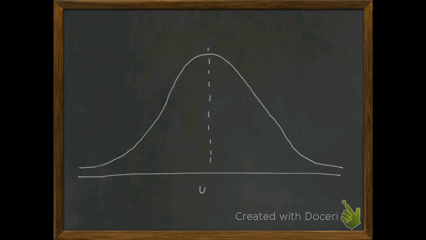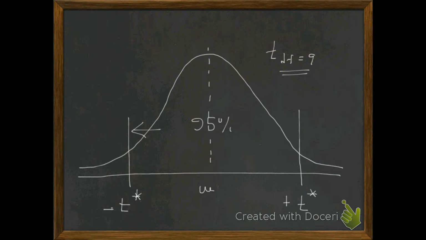Okay. Now, what we need to know in this distribution is between what two t criticals does 95% of our distribution fall? Well, got some work to do.